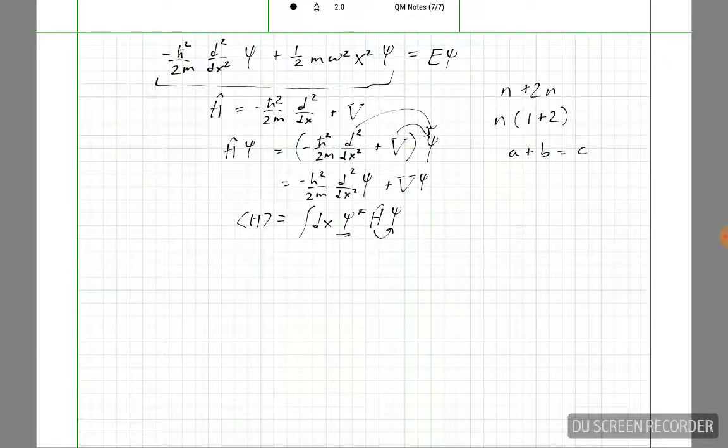So for operators, the order does matter. It's just a way of writing a shorthand for this function. So we can just define it to be what we want. In order to get the kinetic energy from the wave function, I have to multiply the wave function by negative h bar over 2m and then take its second derivative.